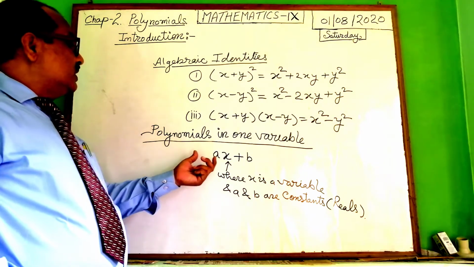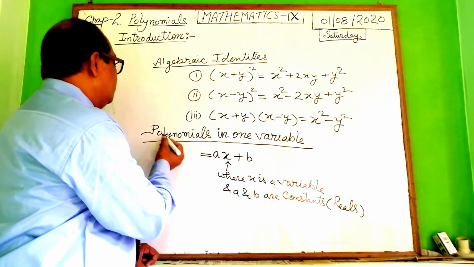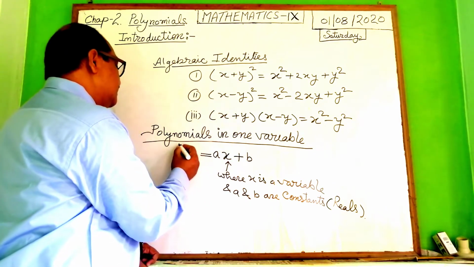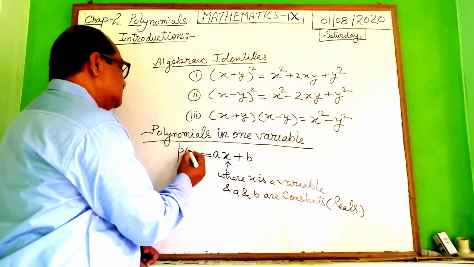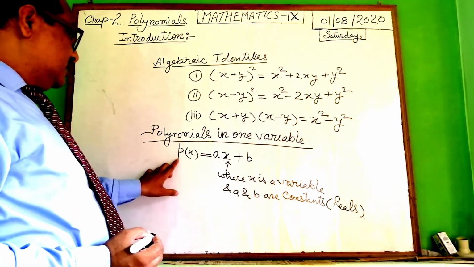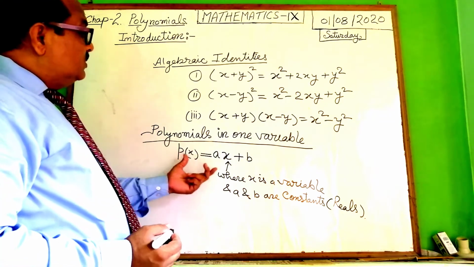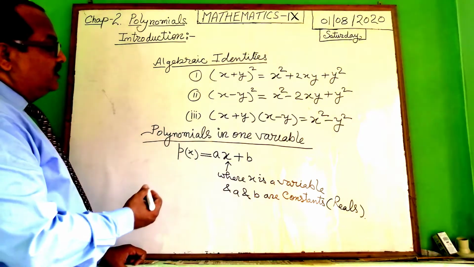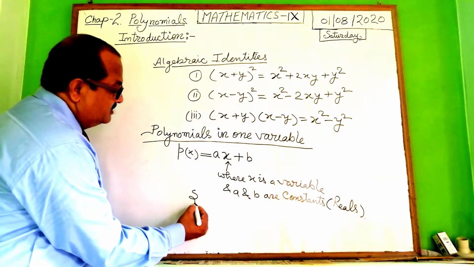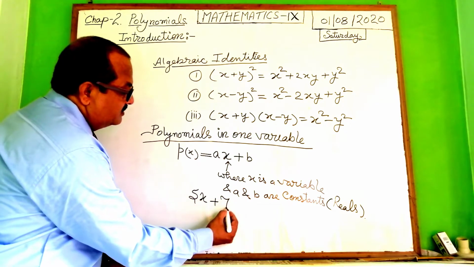So here you can see this is a standard form of a polynomial in one variable, and polynomials are generally denoted by p(x), polynomial in x. Suppose you are writing different types of polynomials. Suppose there is written 5x plus 7.